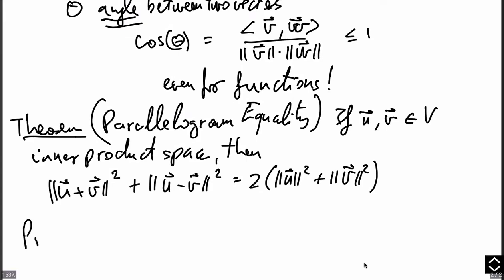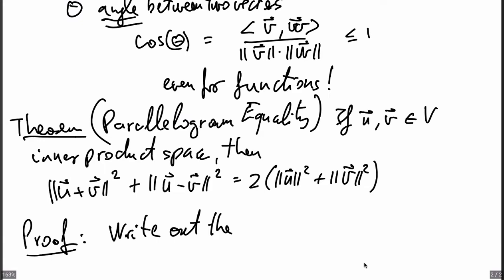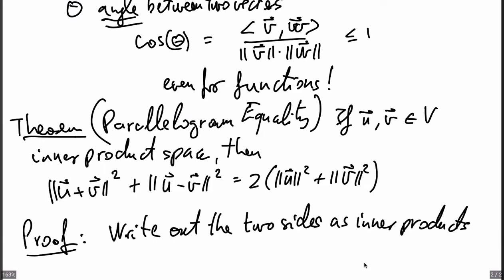The proof of this is simple, and I will give it as a homework assignment. Just write out the two sides as inner products, then simplify and compare the two sides.